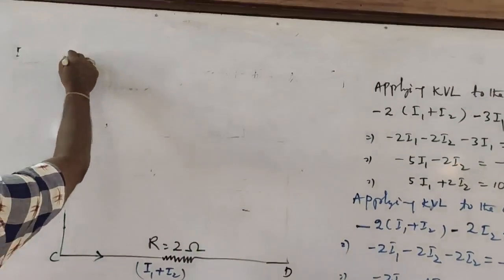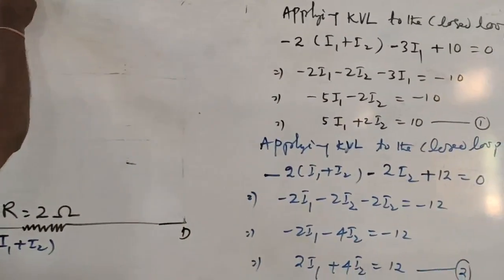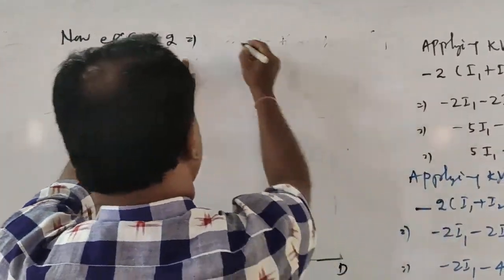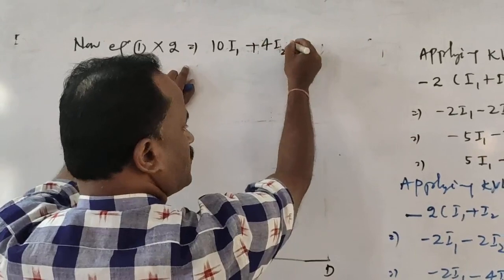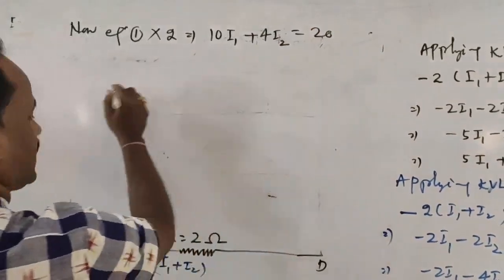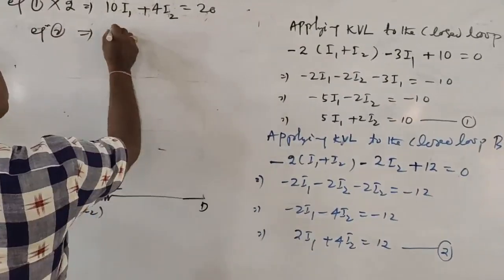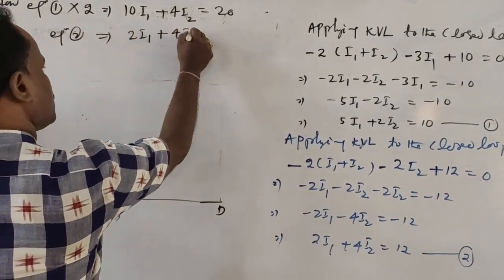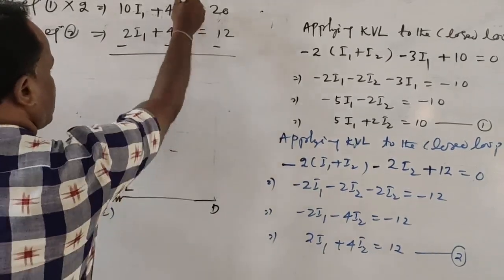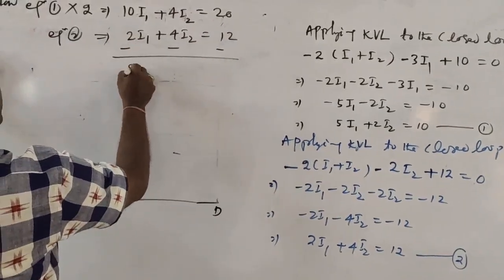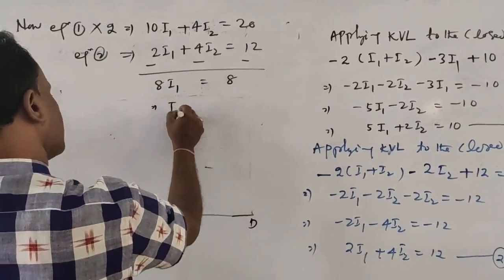Equation 1 multiplied by 2 gives 10I1 plus 4I2 is equal to 20. But equation 2 gives 2I1 plus 4I2 is equal to 12. Let us now subtract. I2 cancels, 10 minus 2 is 8I1 is equal to 20 minus 12 is 8, or I1 is equal to 1 ampere.